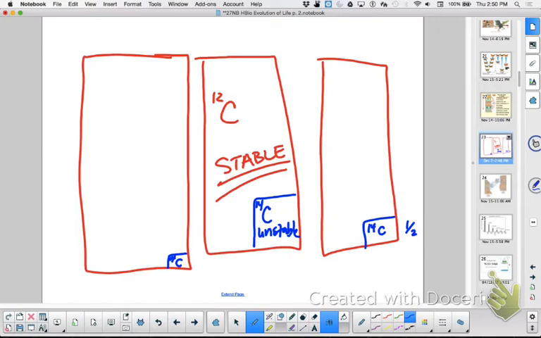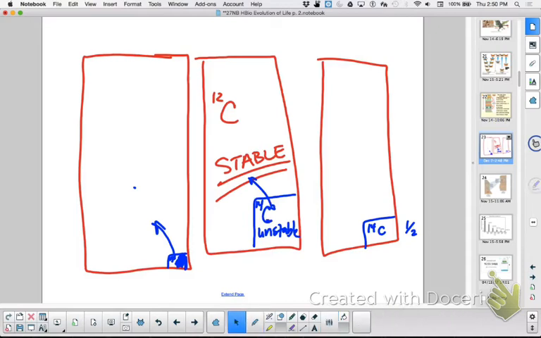Does that make sense? And if I found one that was only this big, I would know another half-life had passed, and if I found one with half of that, another half-life has passed. So you're just comparing the ratio of carbon 14 to carbon 12 today to what exists right now, based on the proportion, because carbon 14 is the thing that's unstable.